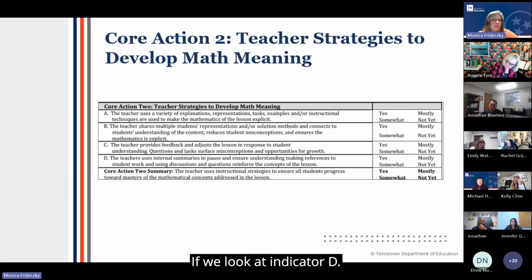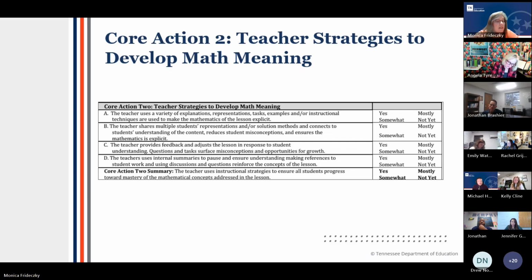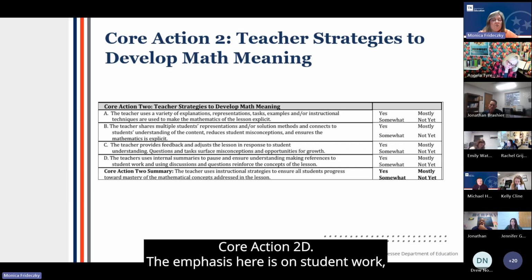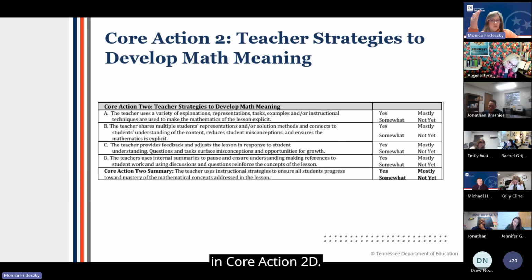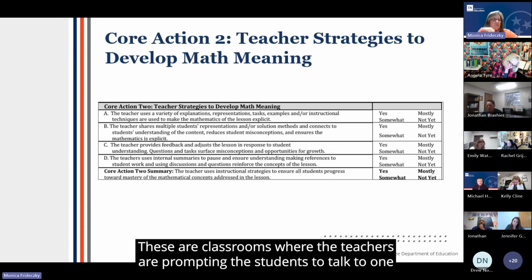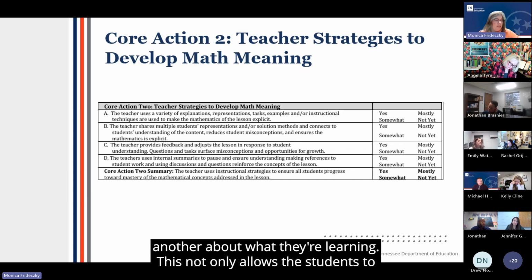If we look at indicator D, Core Action 2D, the emphasis here is on student work, questions, and discussions. If you're looking for strong evidence in Core Action 2D, these are classrooms where the teachers are prompting the students to talk to one another about what they're learning.